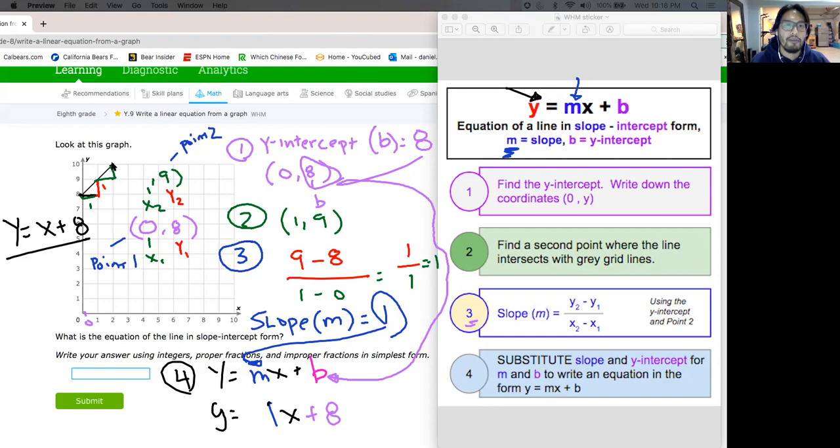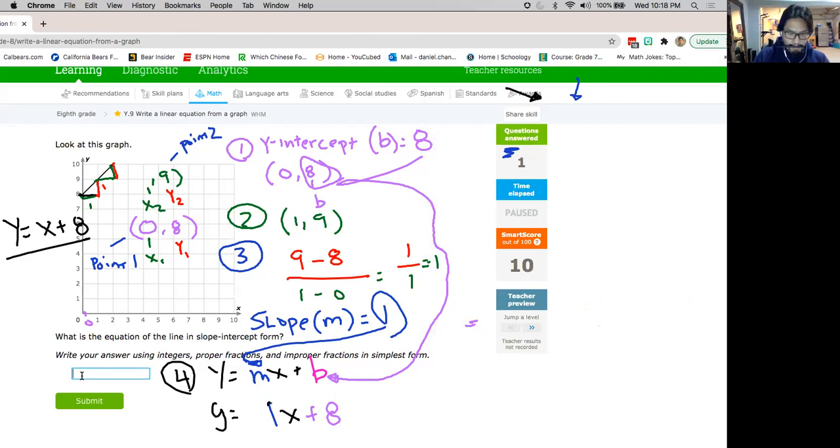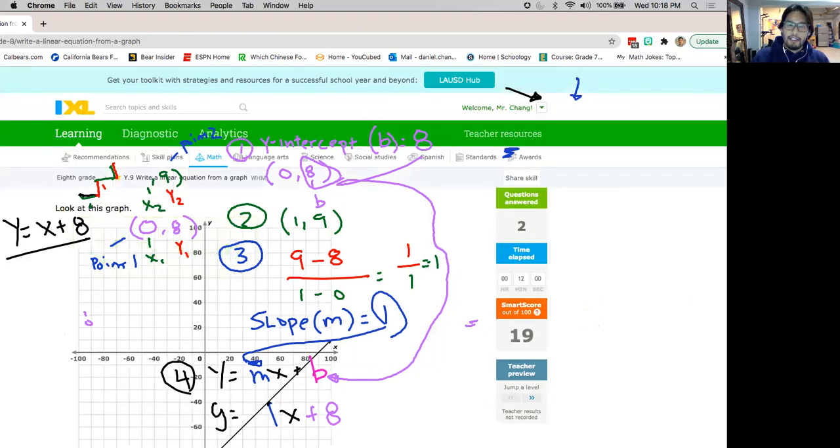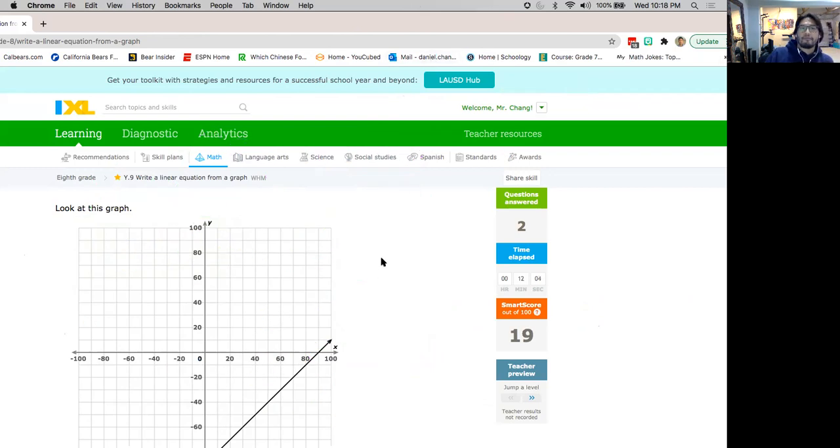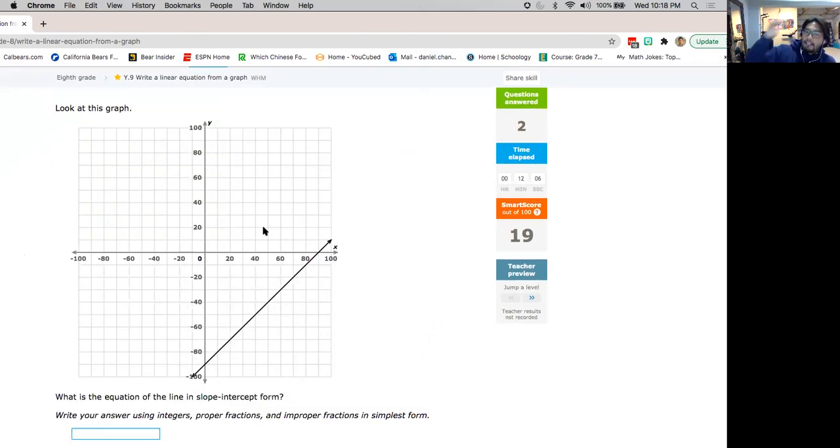And so that's our slope. So this looks good. So let's put that in as our equation. y equals x plus 8. Success, 9 points. Yay.